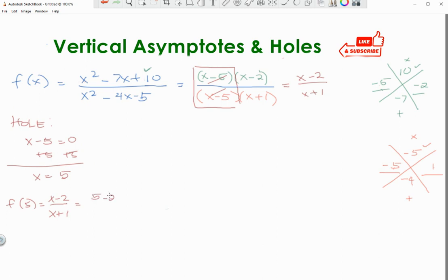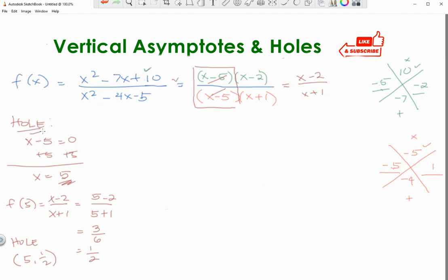So 5 minus 2 over 5 plus 1, which is going to be 3 over 6, or equal to 1 half. So therefore, the hole is at 5 comma 1 half. These are the coordinates of the hole of this function.